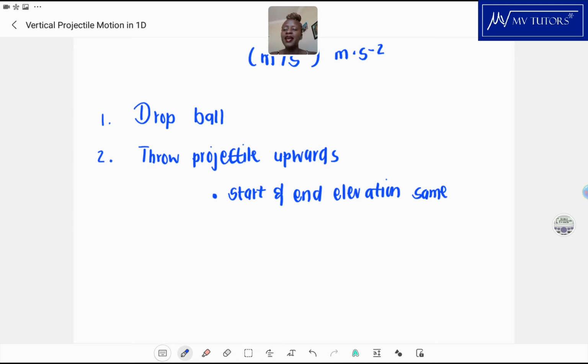okay? And then another scenario when you throw a projectile upwards is that maybe you are standing on a high platform. So you throw it up, and then instead of it coming to the point where you threw it, it actually goes further below. Okay, so that is where its start and end elevation are different.